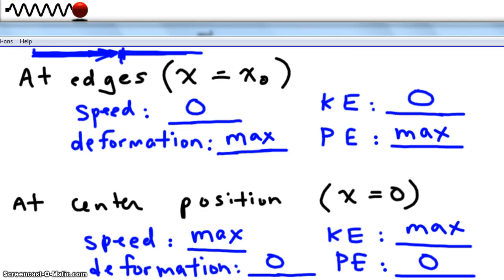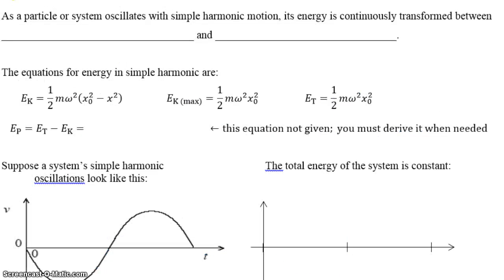So let's summarize this in our notes. As a particle or system oscillates with simple harmonic motion, the energy is continuously being transformed between kinetic energy and potential.